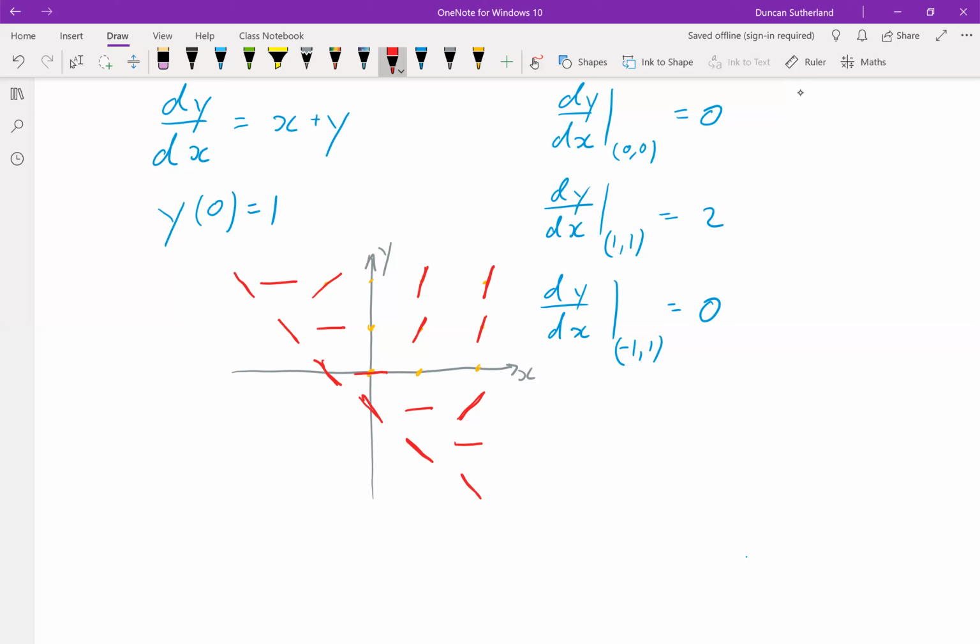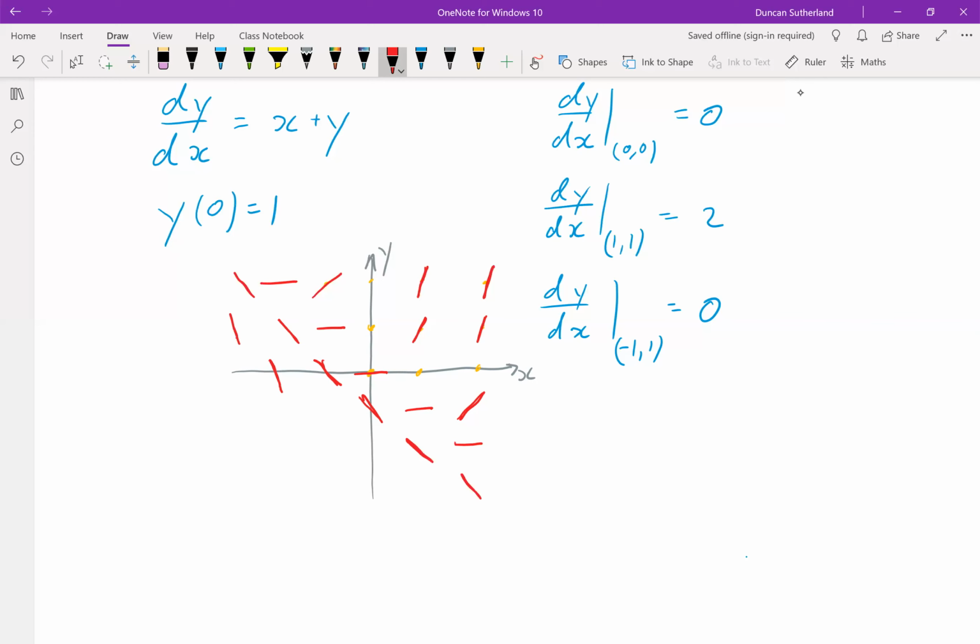What's happening here? We've obviously got slope -2 and so on. So if x is -2 and y is 0, we've got -2. Here, I guess that's going out that way. So at x equals -3, y equals 1, we've got slope -2, and so on.